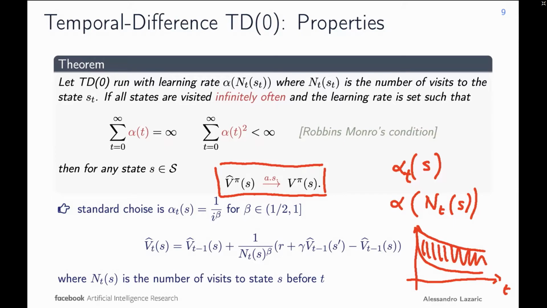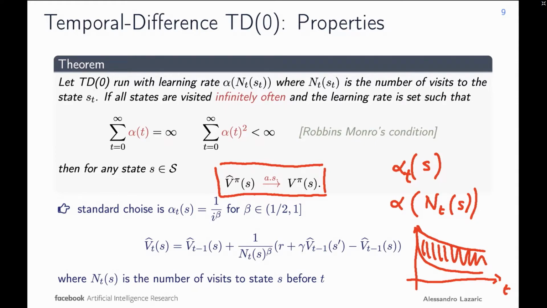Of course, it's somehow a proof that our method is sound. It doesn't really say that our method is good. It just says that it's sound. It does converge almost surely, asymptotically. If we want to have more characterizations, like the variance of this estimator, or how fast this converges to 0, and so on and so forth, we need a little bit more sophisticated arguments, and definitely we also need to be more careful about the learning rate that we use.